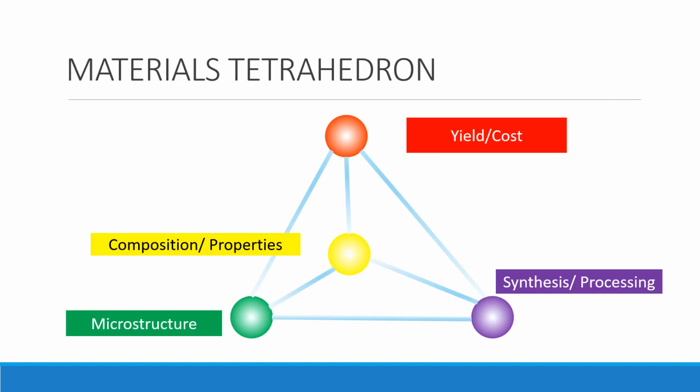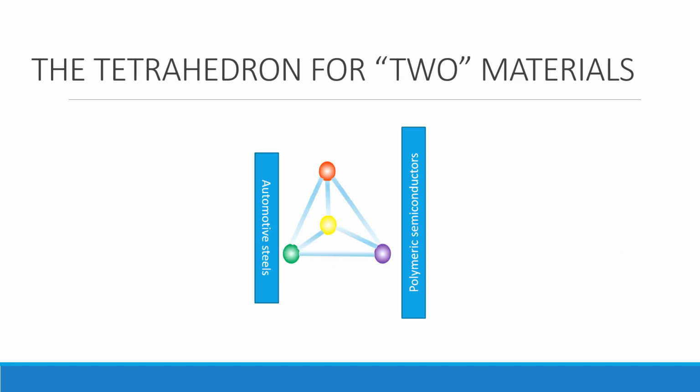Let's come back to the materials tetrahedron and consider the difference with two different examples. I could select many other examples, but I have selected one from the group which is normally labeled as structural materials, and another example from those typically labeled as functional materials.